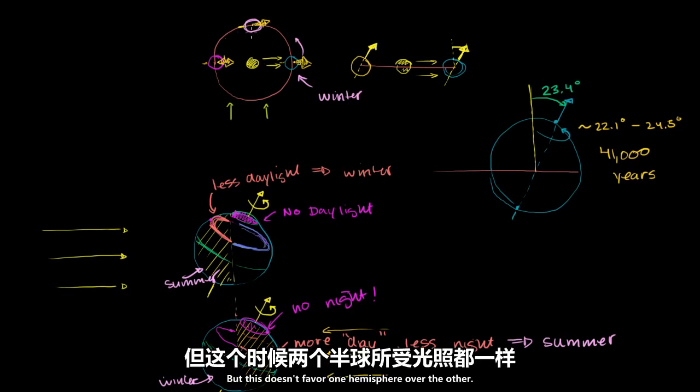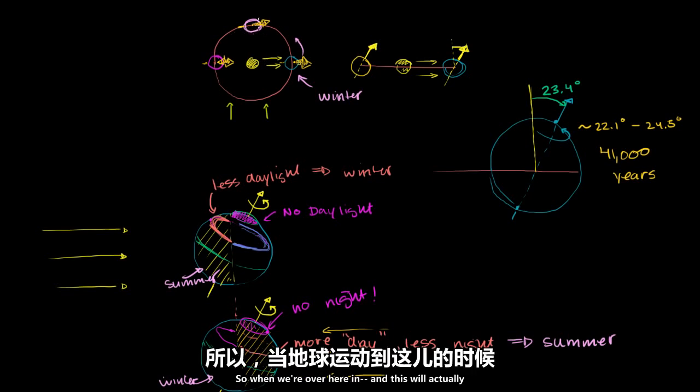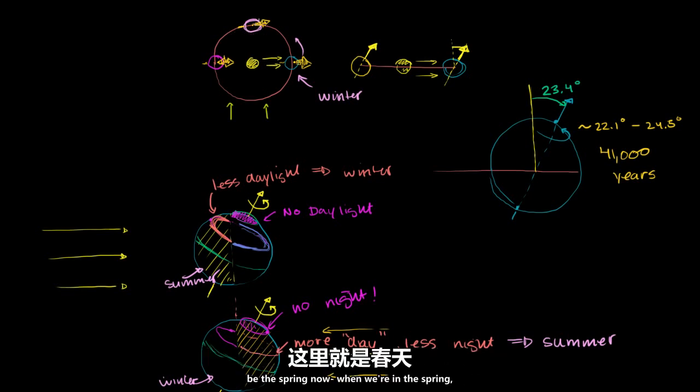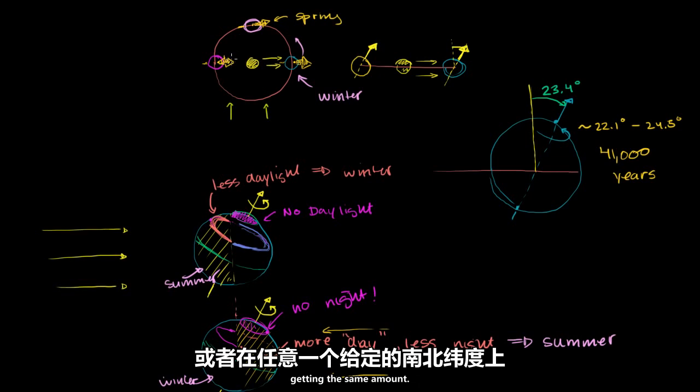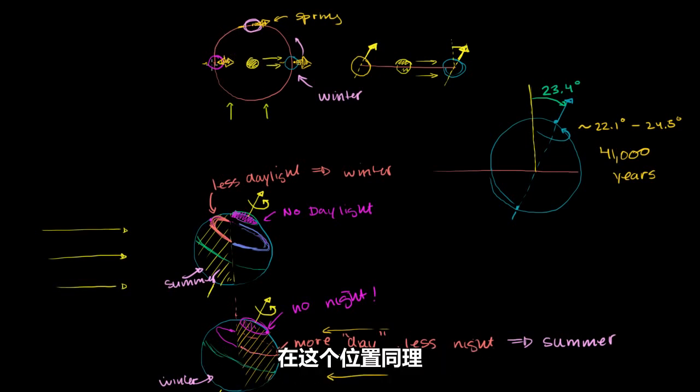But this doesn't favor one hemisphere over the other. So when we're over here, this will actually be the spring now. When we're in the spring, both hemispheres are getting the equal amount of daylight and sunlight. Or for a given latitude above or below the equator, they're getting the same amount. And the same thing is true over here.